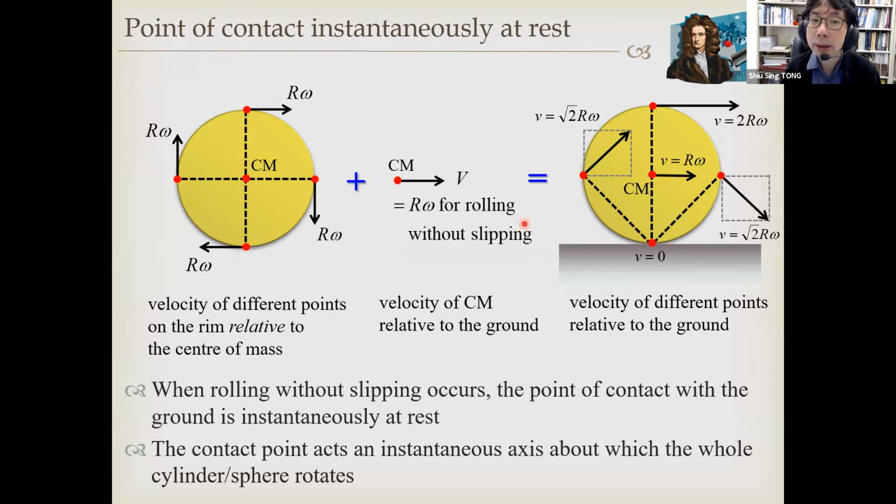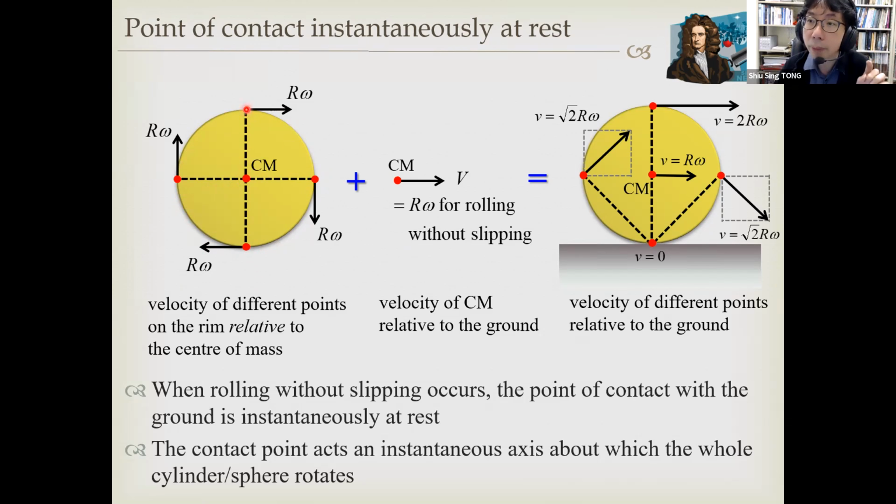Now let's consider the first motion. The first motion is a pure rotation about the center of mass. If you look at the rim of the circular object, you will find that this particle undergoes a circular motion around the center of mass.